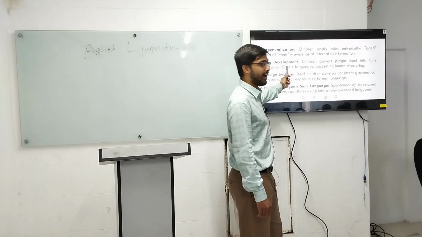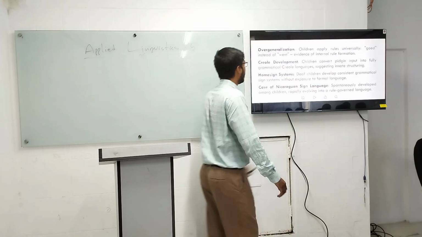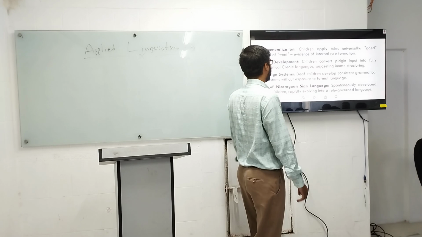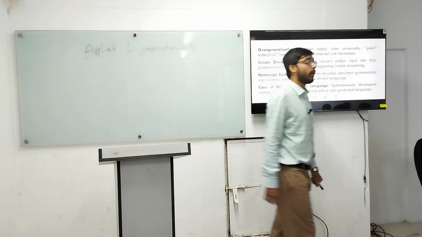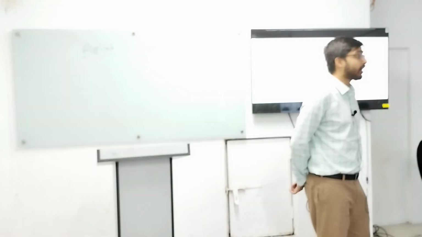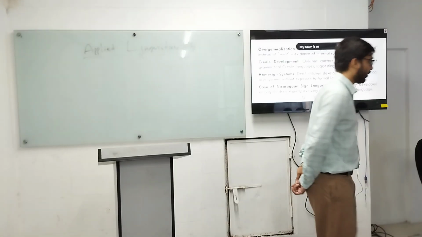Okay, then Creole development. See, I've said that before. Creole development, the Creole language, Pidgin and Creole. Children convert Pidgin input to fully grammatical Creole languages, suggesting innate structuring. Well, English Creole is in Jamaica and Bahamas, and Haiti has French Creole.